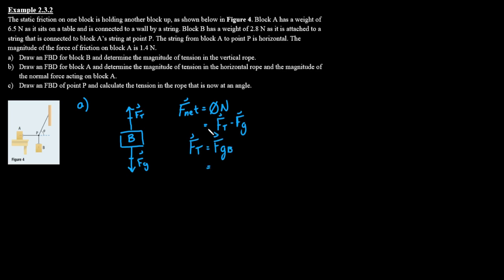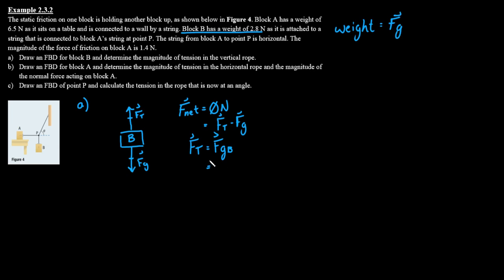They've given us in the problem that block B has a weight. Remember what weight means: weight is your calculation of Fg. Your weight is how much that gravity affects you.